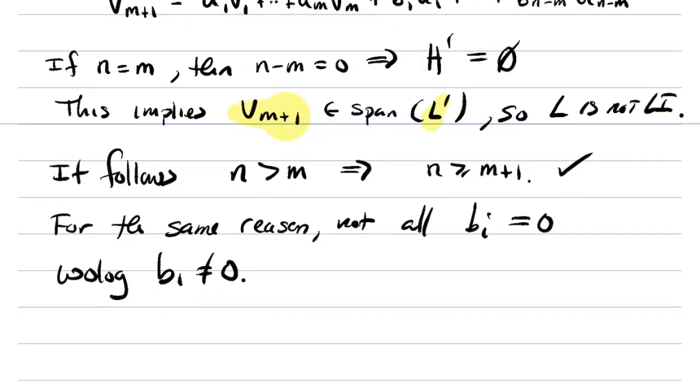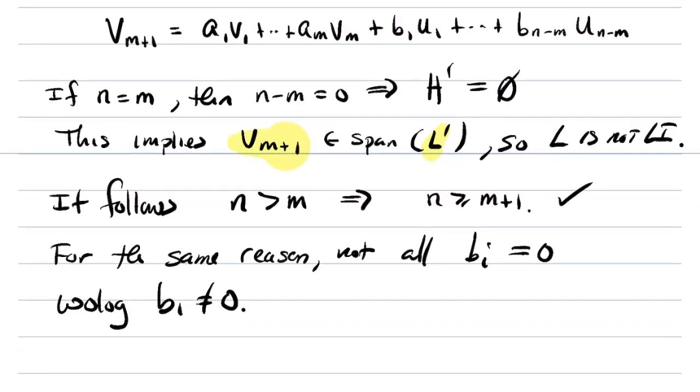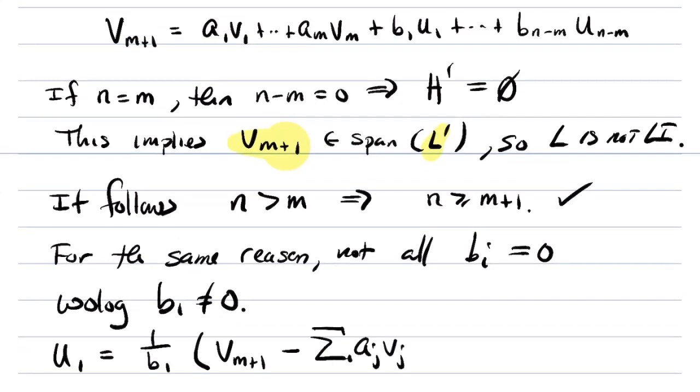All right, so let's see if we can do it. I have to try to leave it visible there. So what is U1 going to equal? Well, U1 is going to equal 1 over B1 times, what would we have? We'd have the V sub m plus 1. We'd have all of the A terms, but their coefficients are going to all be negative because we're going to subtract them all. I'm just going to write A_j V_j.